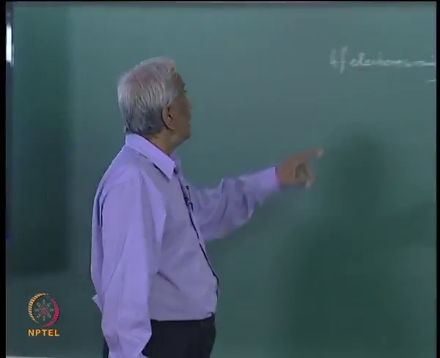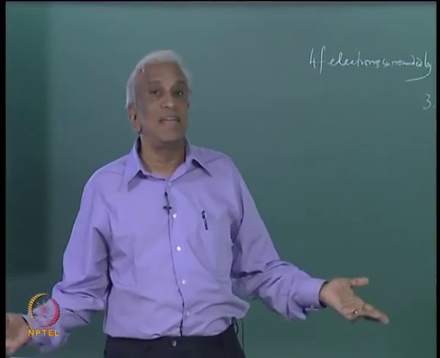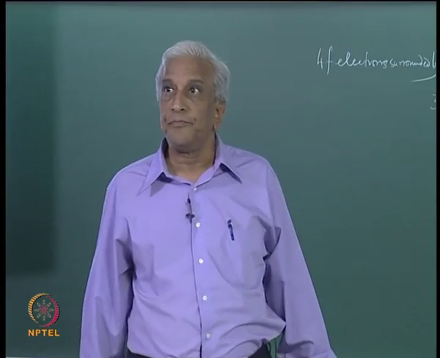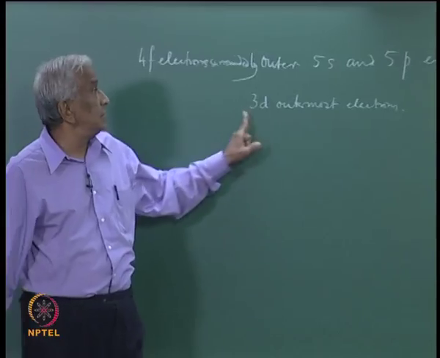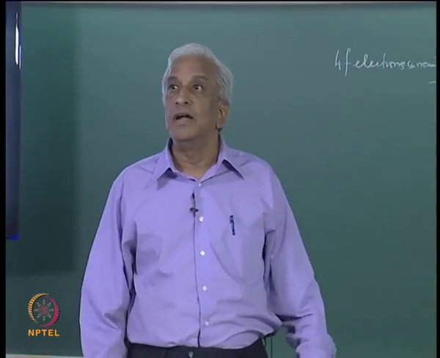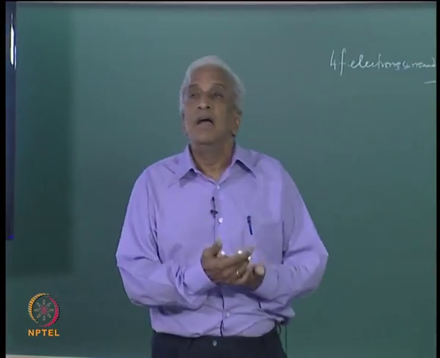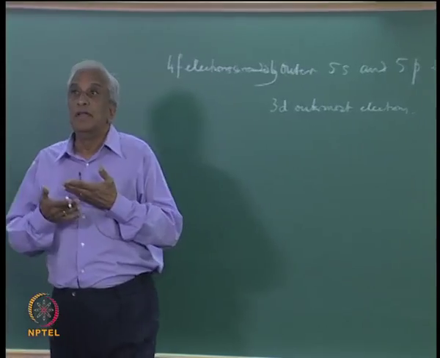Therefore, they shield the 4F electrons from the influence of neighboring electric charges, whereas in the iron group compounds, the 3D electrons are the outermost ones and they are considerably affected by the presence of neighboring electric charges.